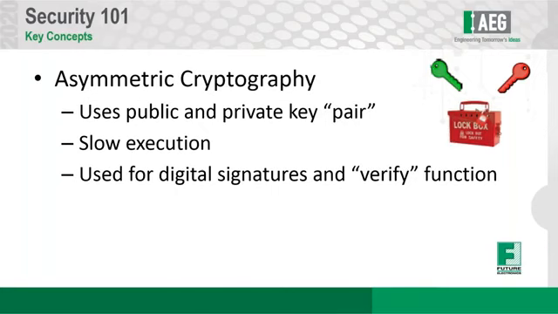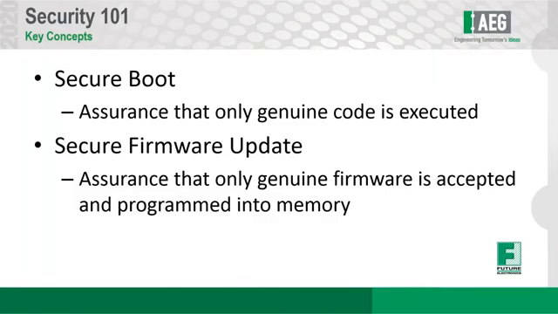Because asymmetric crypto functions are mathematically intense, it takes longer to perform them than it does for symmetric crypto functions. Digital signatures and verify functions are examples of where asymmetric cryptography is used. So symmetric and asymmetric cryptography are available in your toolbox, and each has their pros and cons.